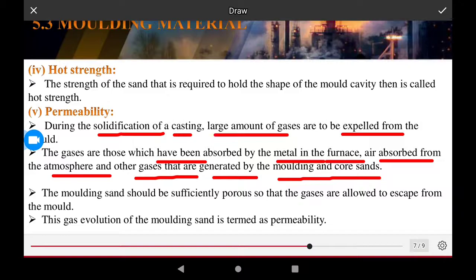The molding sand should be sufficiently porous so that the gases can escape from the mold. This gas evacuation property of the molding sand is termed permeability.